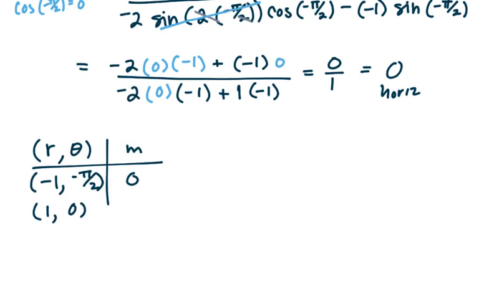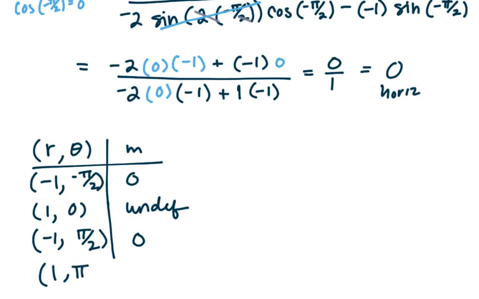At 1, 0, my slope is undefined. At negative 1, positive pi over 2, again, we get a slope of 0. And at 1 comma pi, we get a slope of undefined. Vertical lines have undefined slopes.